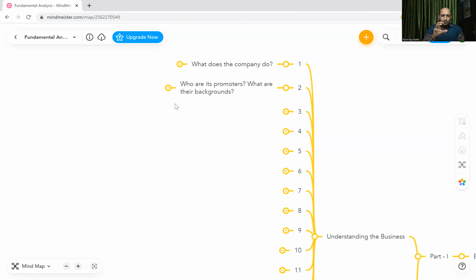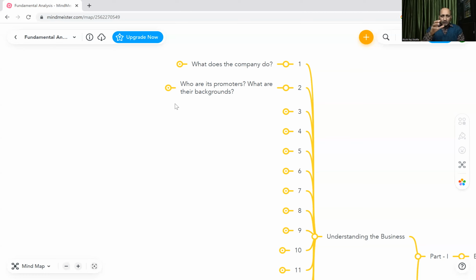This will definitely show their corporate governance structure, and we can expect fair dealing, of course, with their equals.